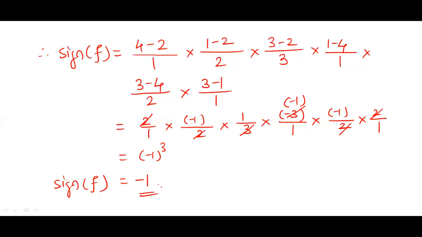Let's find signature of all permutations of set containing 3 elements 1 2 3.